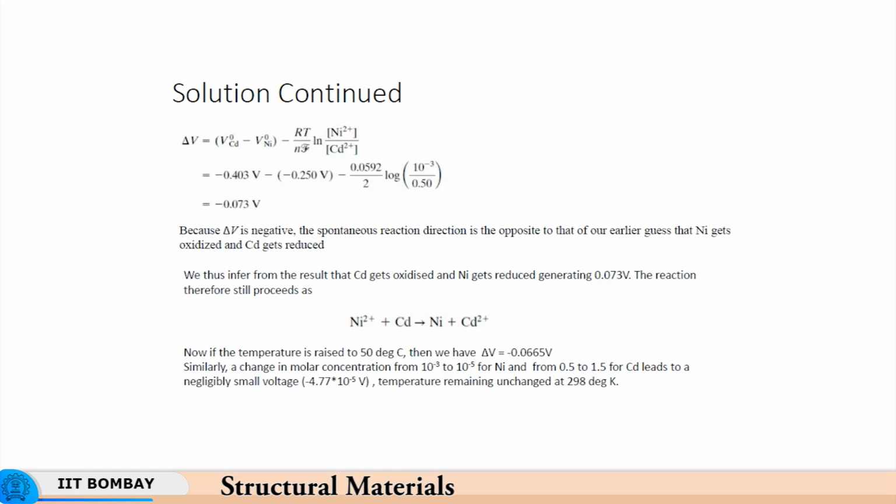So, basically this is just to show that a time may come when this sign will turn out to be positive. As the molar concentrations change, there is a limit to change in temperature, because if temperature goes beyond 100 or so, the whole thing will start boiling.